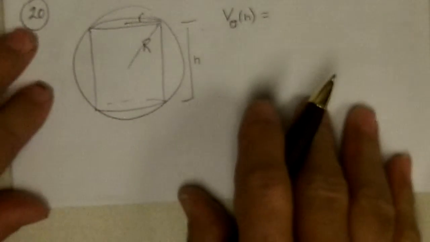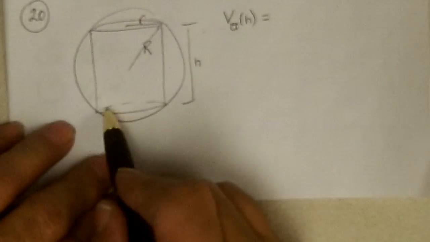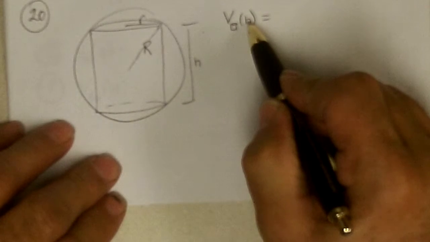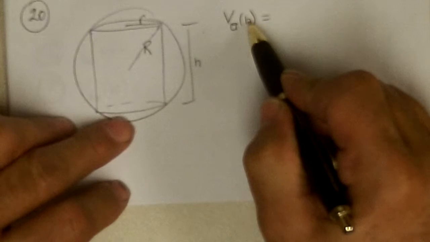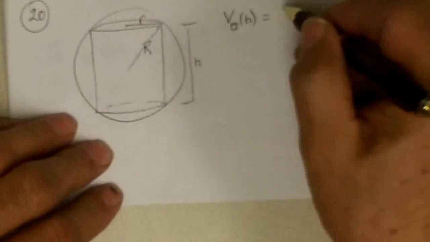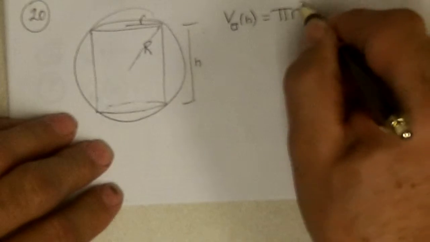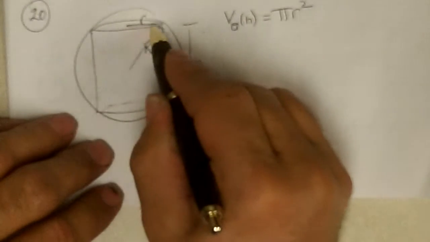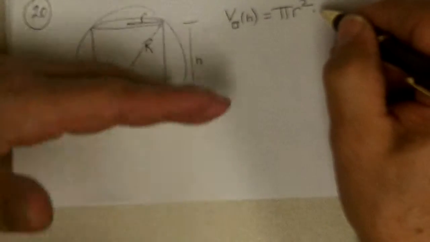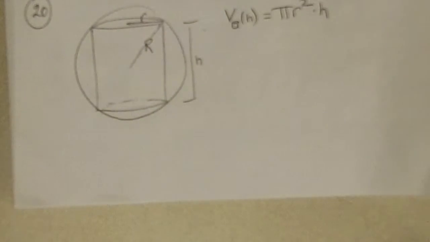And then finally, the volume of the cylinder as a function of h. How do I find the volume of the cylinder? Let's see, that's area of the base, since the radius of the base is little r, pi r squared, times how tall it is, h.